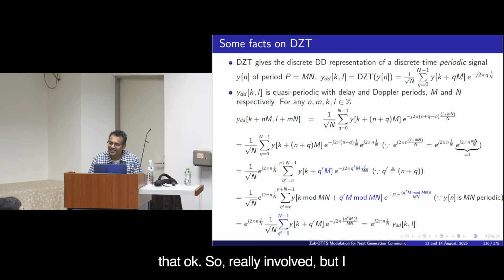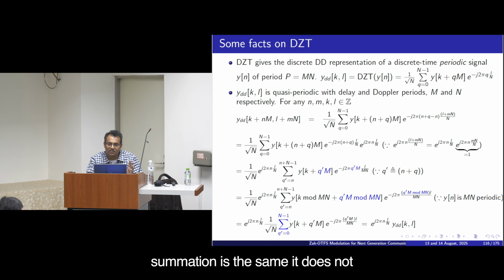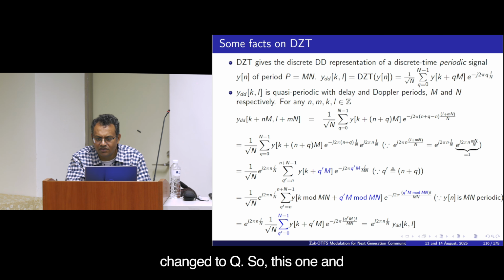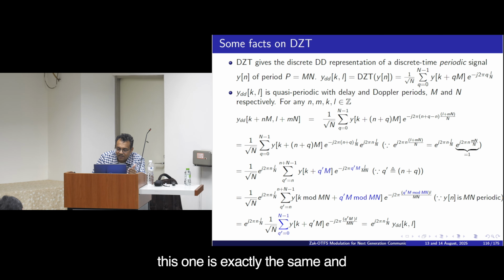Is that okay? It is a little involved, but the capital N terms in this summation are the same, it does not change. And so you get back this. Now, along with 1 over root N, this whole thing is exactly this expression. It is just that q prime has to be changed to q. So, this one and this one are exactly the same, and so I replace it with Y DD K L.